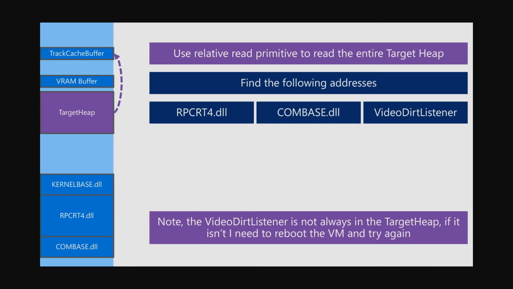And the VideoDirtListener object itself is not always allocated in the target heap. If it's not, then I need to restart the VM and try again. And every time I have to restart the VM and try again, that's just one more chance for this whole thing to fail, right? Because I'm going to have to go and refind the target heap, but it might not actually be there, and then I crash. So it's worth calling out that this is actually less reliable than the previous exploit.